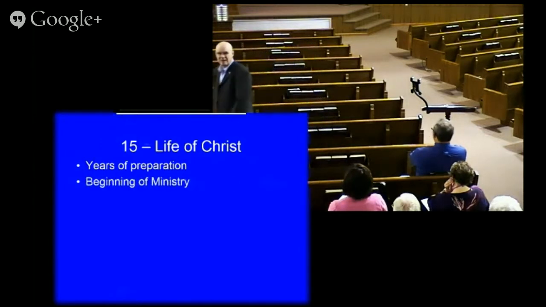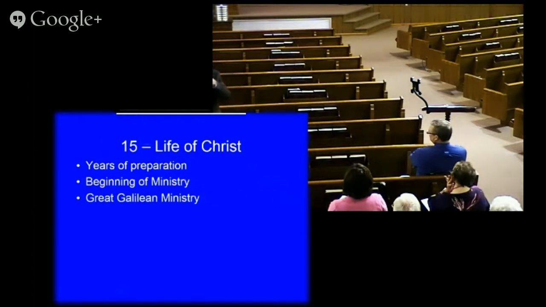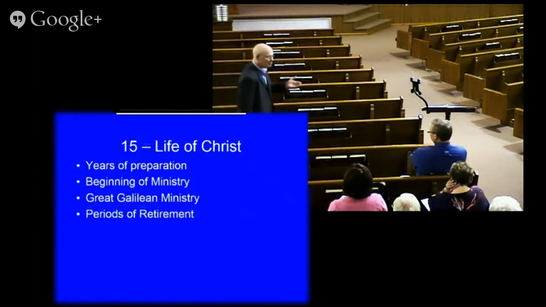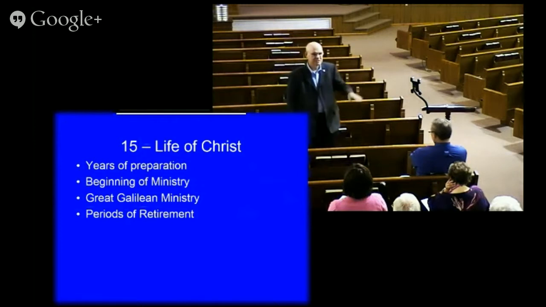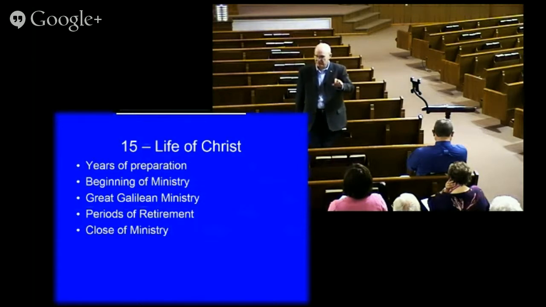30 years here. And then the beginning of his ministry, about 6 months. The great Galilean ministry, when he spends a lot of time in Galilee, 18 months. The period of retirement, when he backs off and starts teaching his apostles more, 6 months. Then he winds down the ministry, getting ready for the trip to Jerusalem, 6 months.